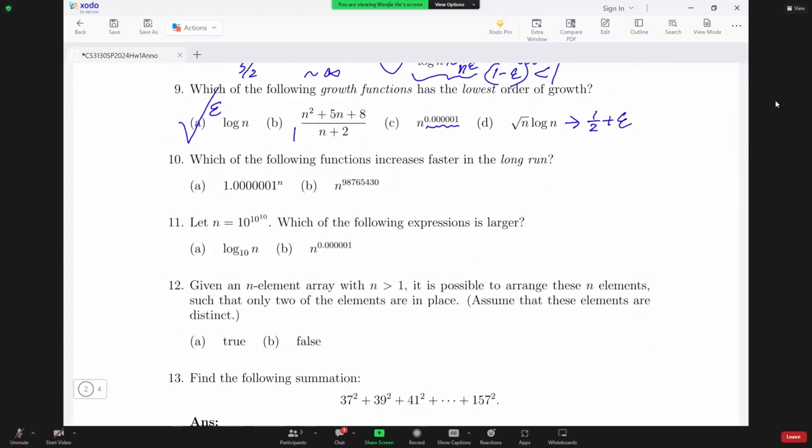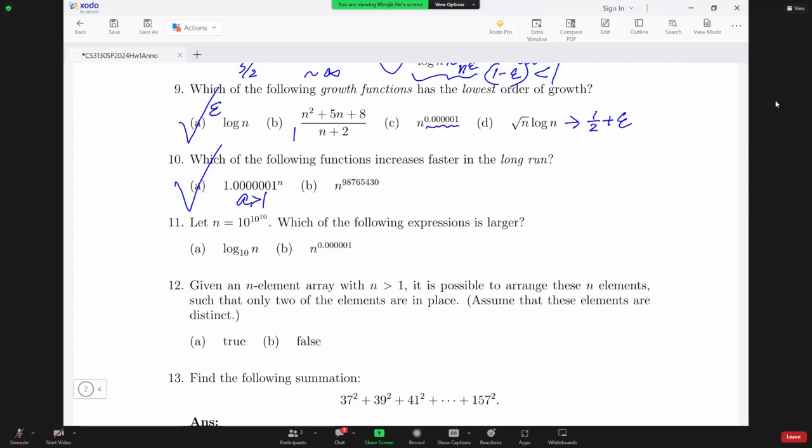All right, number 10. We know in the long run exponential increases faster, because this base A is greater than 1. Although it is very close to 1, it is strictly greater than 1.